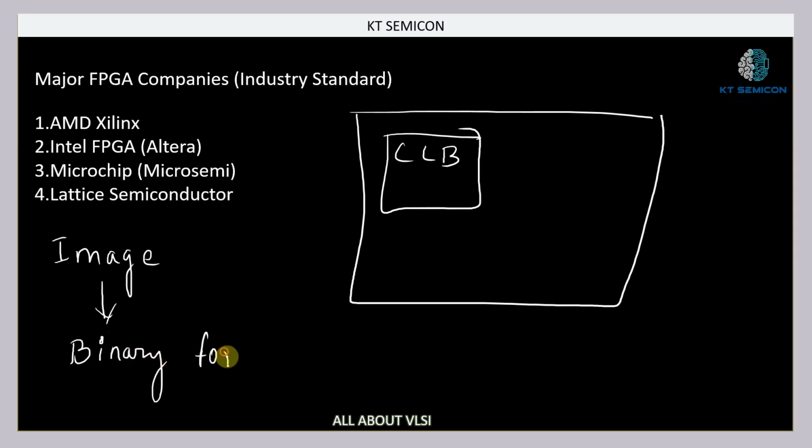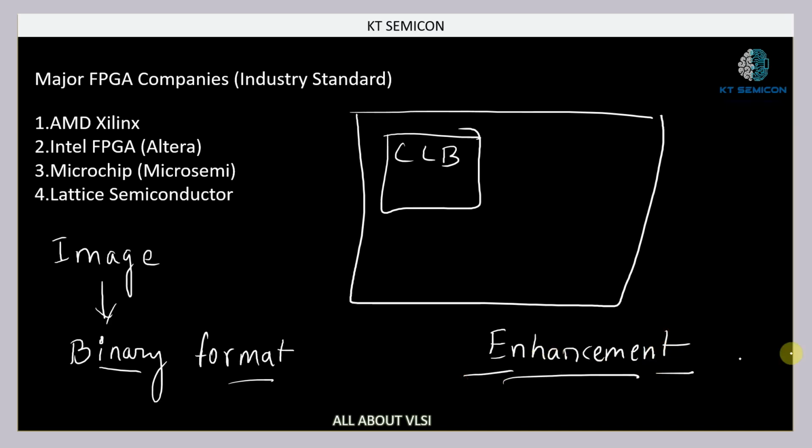Let's say you want to perform image processing techniques like erosion, binary to gray, color to gray, or gray to color. We have different types of image processing techniques, for example image enhancement. I'm not going into that particular technique right now.